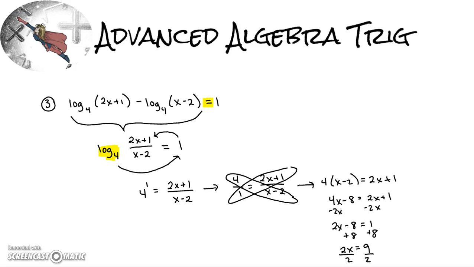Divide by 2. So I get x equals 9 over 2, 9 halves. And that, if you double check back in the problem, plugging it back in right here or right there, neither one of those arguments will come out negative, so x equals 9 halves is our final answer.